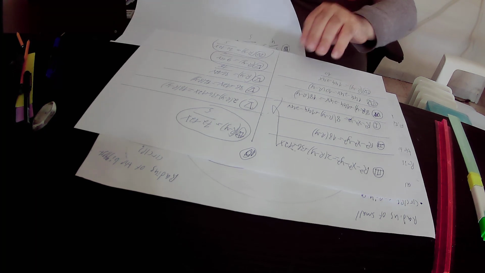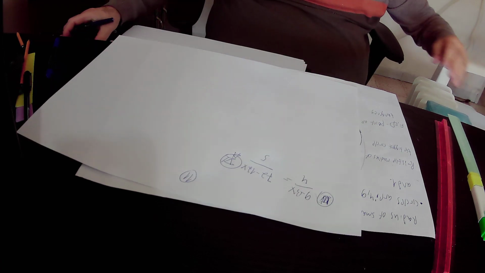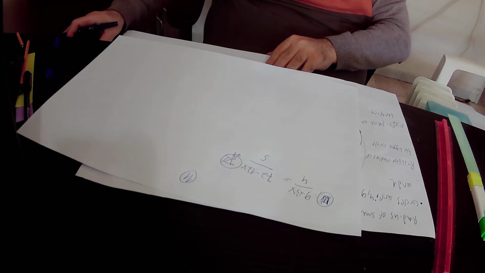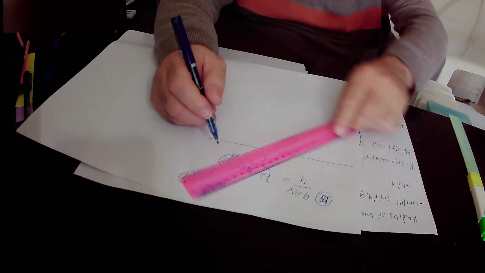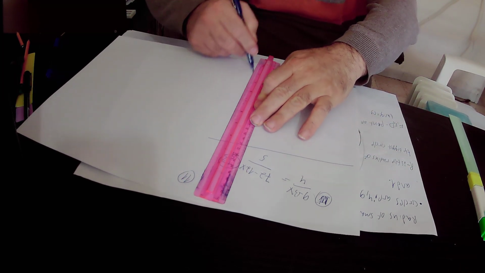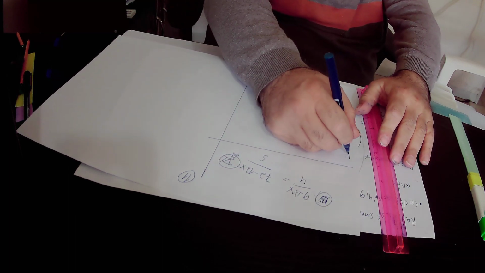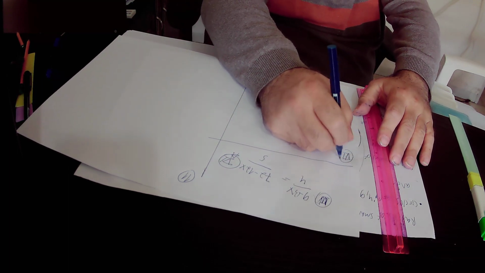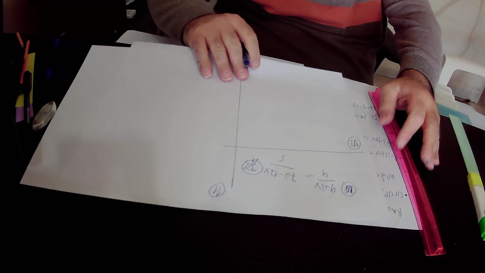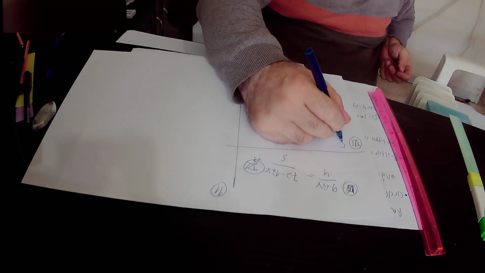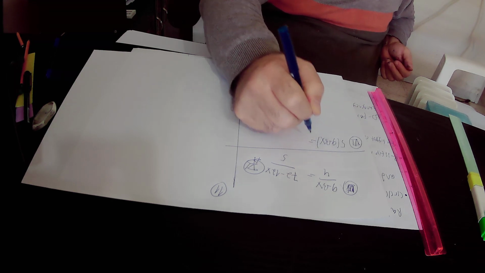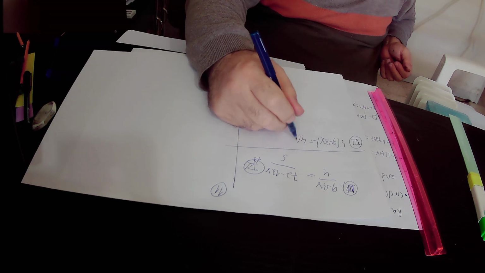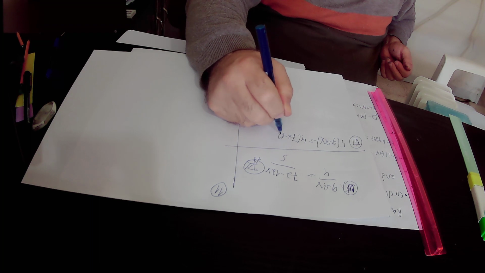So here we'll cross multiply equation number 6, and we'll get that according to equation number 6, 5 times 9 plus 3x will be equal to 4 times 72 minus 12x.